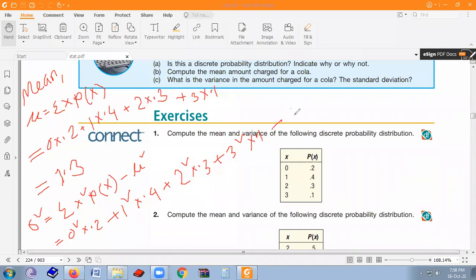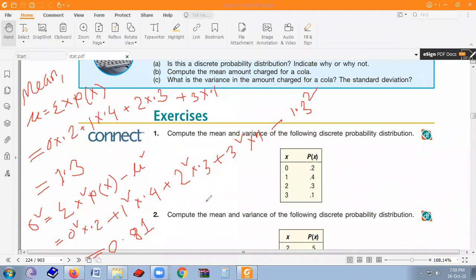Our mu is 1.3, so we have to square 1.3. After calculation we got 0.81. This is our variance. I hope everyone understood how to find variance.